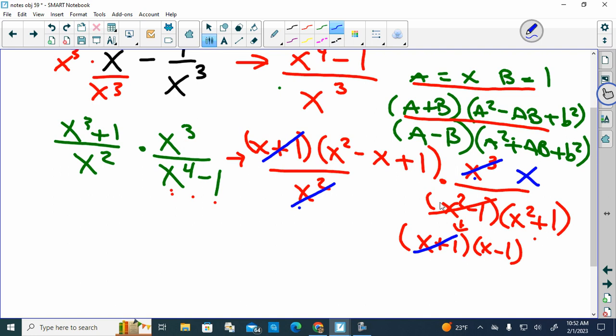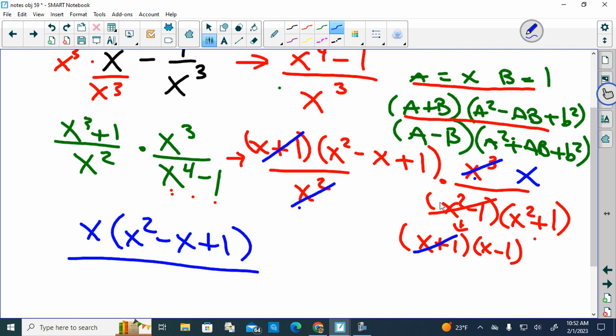Okay, is there anything else that we can do? No. Okay, so my numerator is x times x squared minus x plus 1 over x squared plus 1, because we can't simplify that one further. And then the only other one that was left was the x.